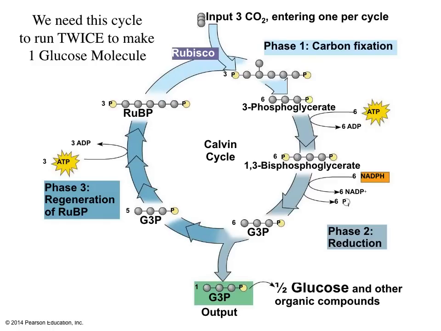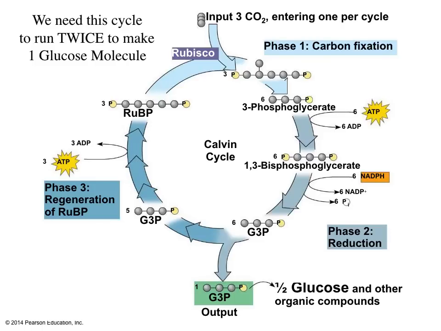And that gets converted into 1,3-bisphosphoglycerate. Count up the carbons, 18. This is then converted into G3P. Count up the number of carbons. These are 3 carbon molecules times 6 of them, 18. So you see that the number of carbons never changes.